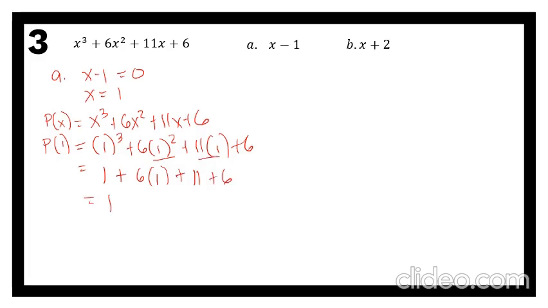Then 1 plus 6 plus 11 plus 6. Add 1 plus 6, the answer is 7, plus 11 plus 6, the answer is 17. And 7 plus 17, the answer is 24.